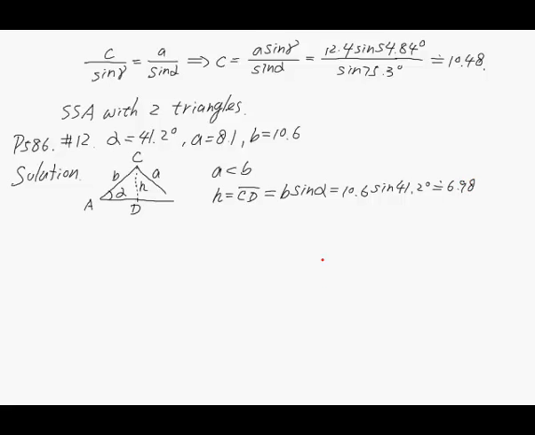And after we find h, let's compare this a with h. So a is equal to 8.1, so definitely this is greater than the length of this altitude h, greater than 6.98.